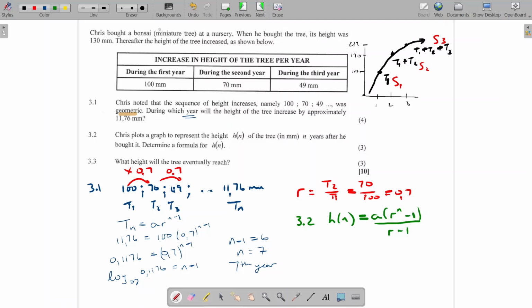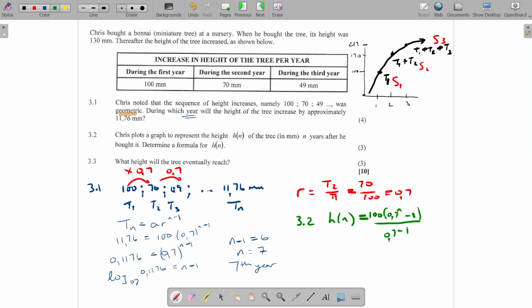So what we're going to do is come back in here and realize that we can substitute a with, well, the a value was 100, and the r value was simply 0.7. Okay, so we're going to come in here again with the eraser and erase the r values because we worked out that the r value was 0.7. Okay, and there is our formula for that graph.